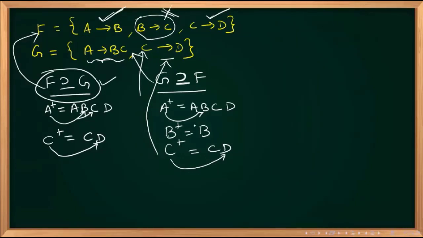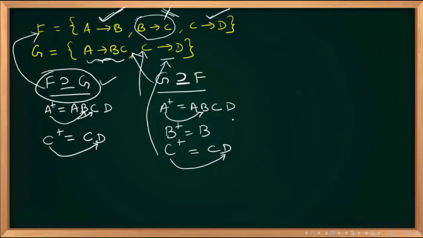So what is the meaning of that? Very good. B to C is missing in G. In the previous example, you should remember that AC to something was missing, but AC to C was redundant, so I removed that. It's not that I have to check blindly that exactly the same thing should be there. Logically it should cover.